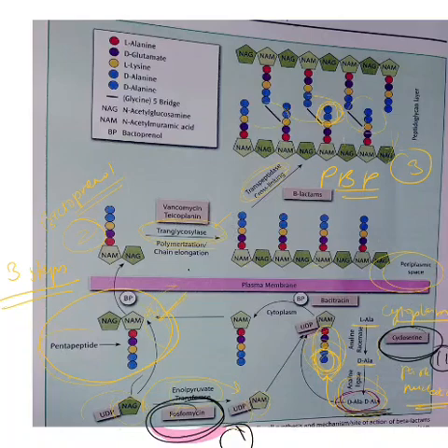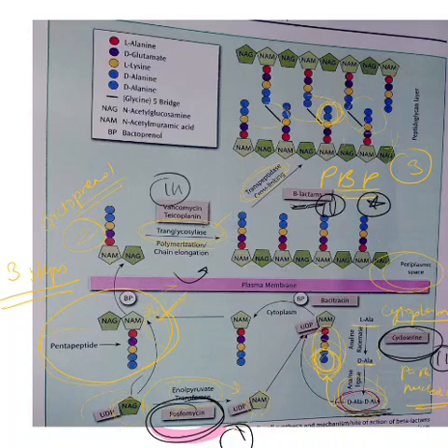Next we have vancomycin. Vancomycin will prevent the polymerization of the NAG-NAM polypeptide chain. And then we have beta-lactam. This is the main hero, which we'll talk about in our next video.